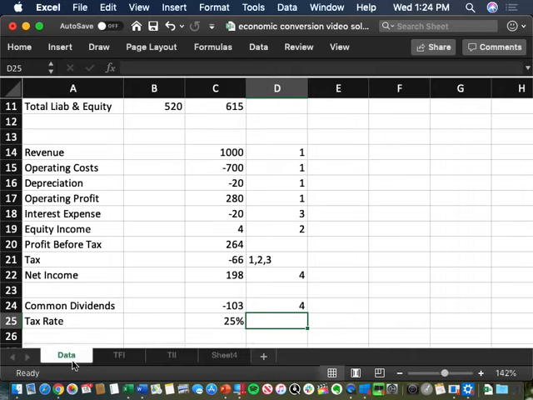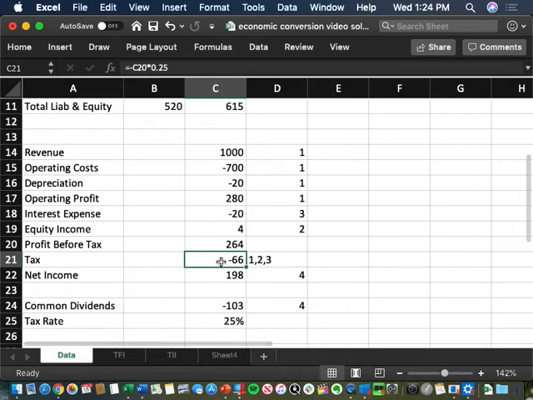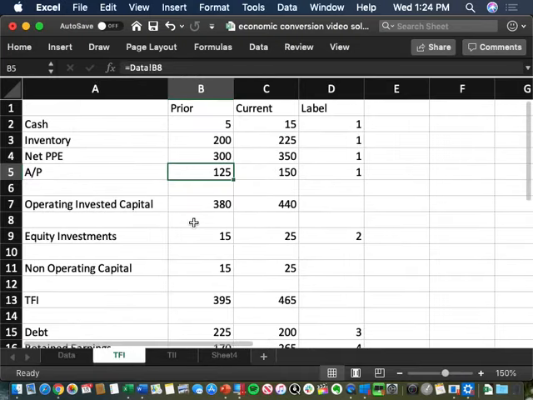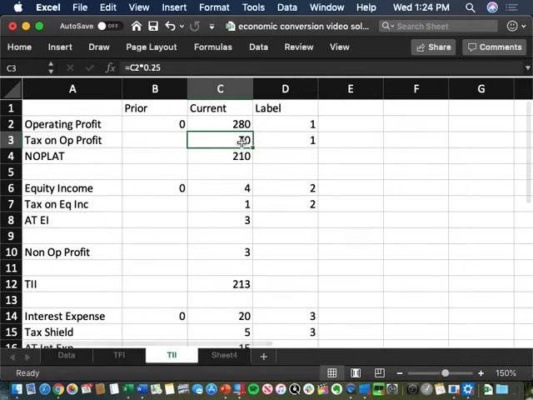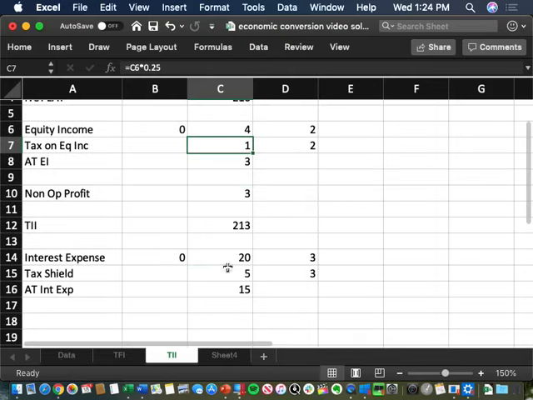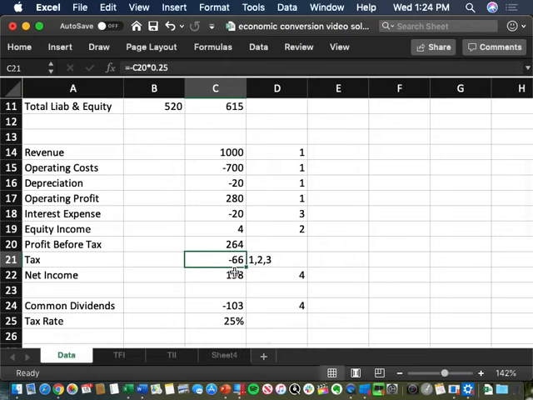What's the tax the company actually paid? How much tax did the company pay for operating activities? How much tax do they pay for non-operating activities? 1. What's 70 plus 1? 71. How much did they have in tax shield? What's 71 minus 5? There you go. That's how they paid 66 in taxes.